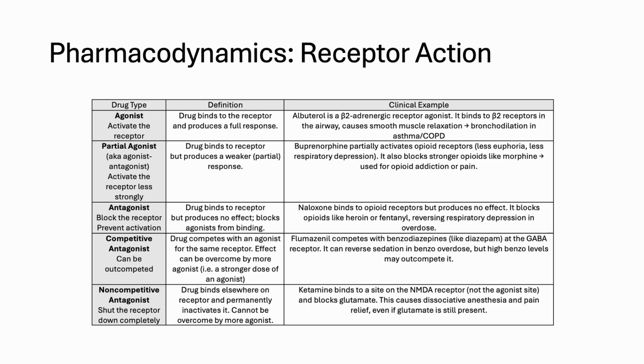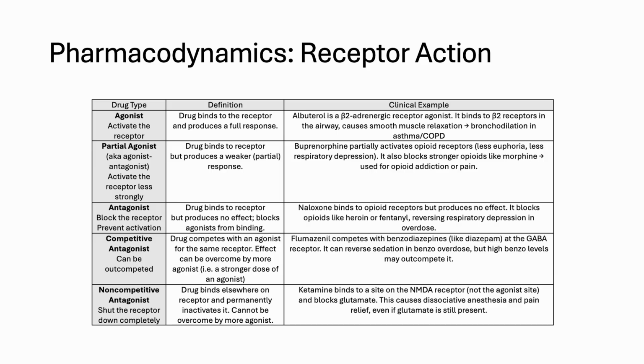So when you have an agonist and you bind to a receptor, you are producing the effect that receptor typically causes. When you bind epinephrine to beta-2 receptors, you get bronchodilation. When you bind an agonist to a beta-2 receptor, you get bronchodilation. Produces the full response.